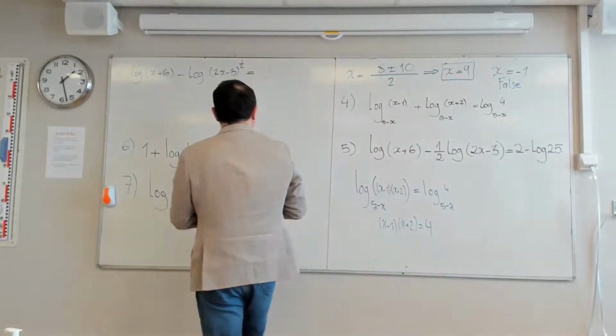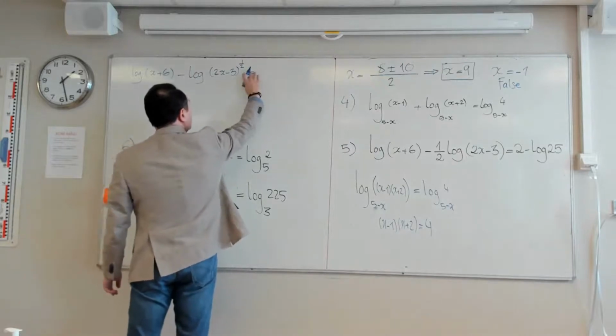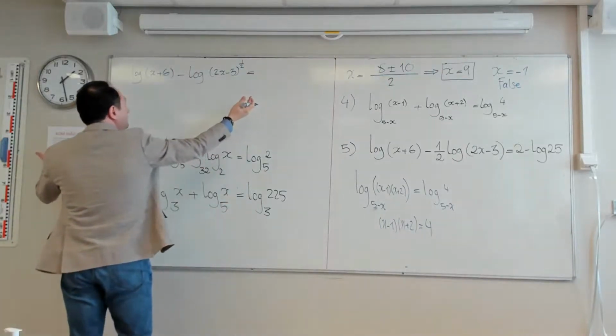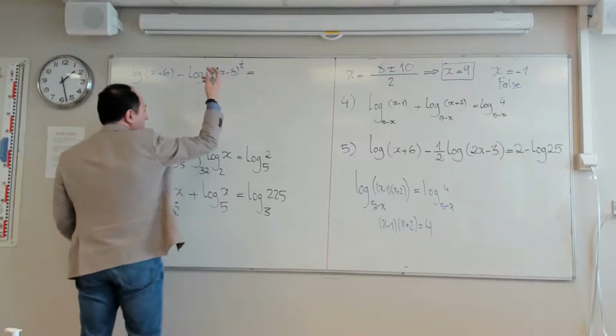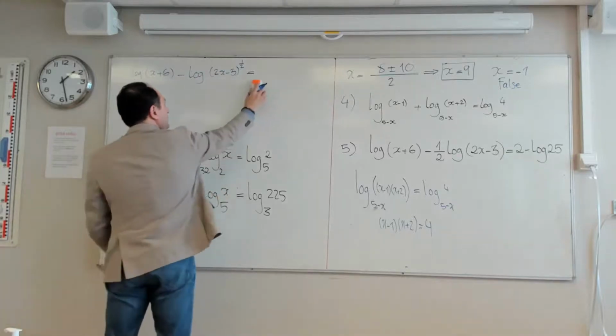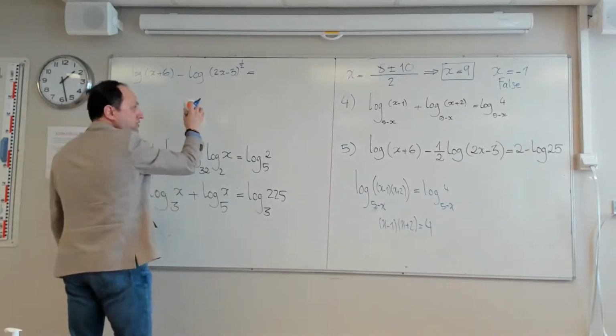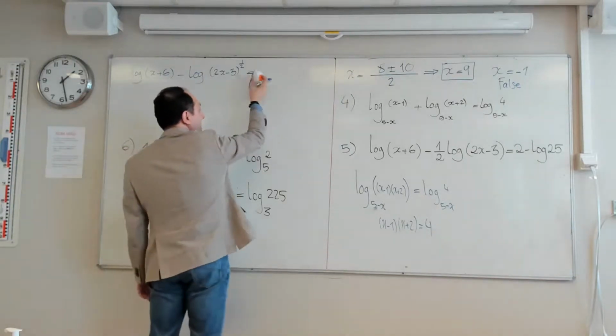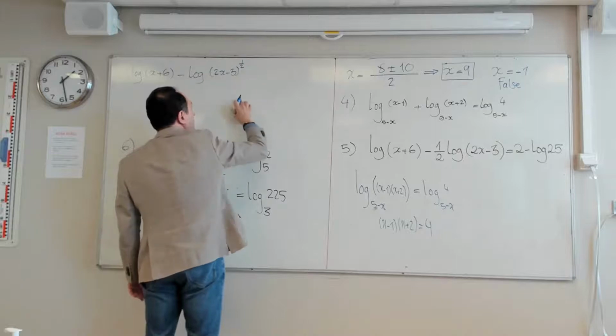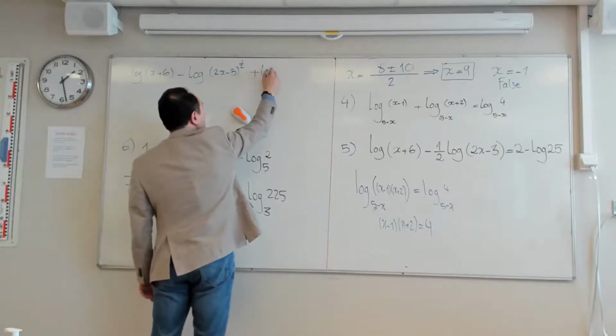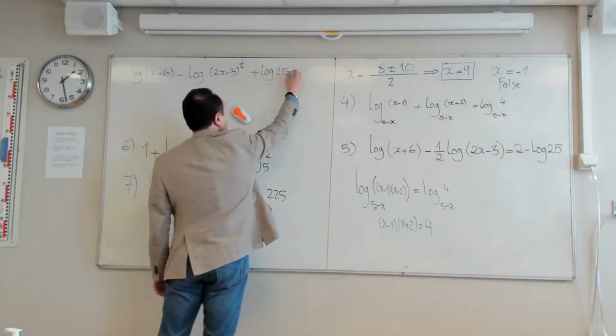It becomes plus log of 25. What happens? I don't know. Might be it is a good idea to solve it in 2 different ways, because it's really important to solve problems in different ways. Then you will learn. So one strategy is to move log of 25 to the left.